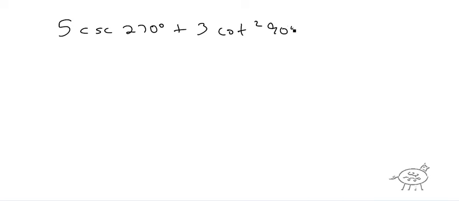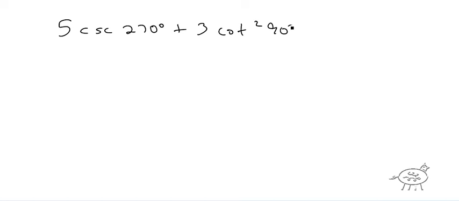Okay, not bad. How about 5 cosecant of 270 plus 3 cotangent squared of 90 degrees. That looks kind of brutal, but it's going to take a little bit of time, and eventually this does get easier. I don't choose to memorize cosecant, but I do choose to memorize sine.